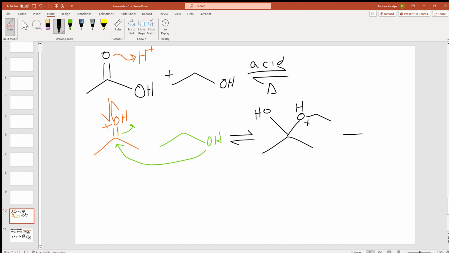In the next step, we get a proton transfer that's going to set us up for our leaving group. We need that initial OH group to be able to leave. And so if we transfer a proton over there, we get a much better leaving group. At that point, our remaining OH can add its lone pair in.